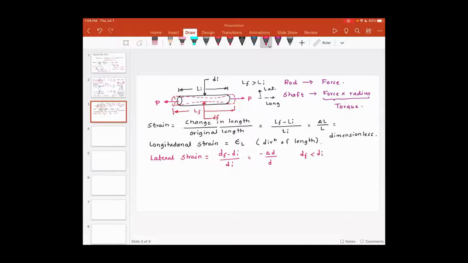Now, at this point, I want to define a quantity called Poisson's ratio. Poisson's ratio is the negative of lateral strain divided by longitudinal strain.